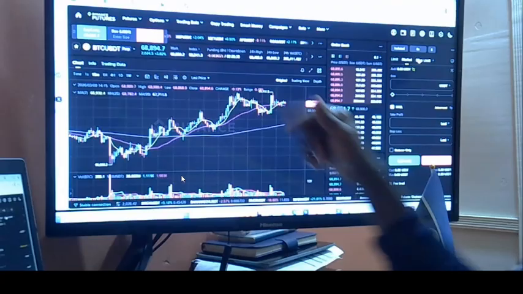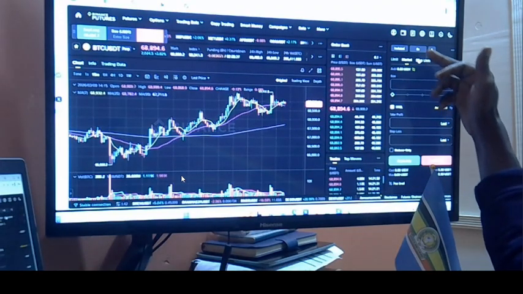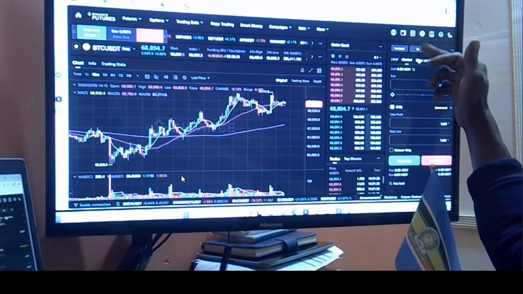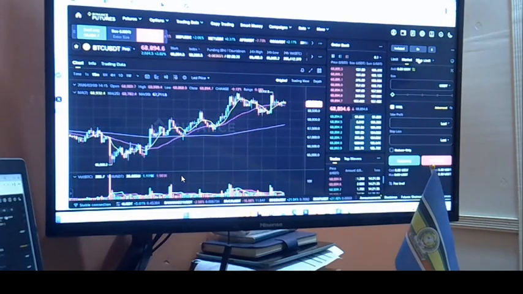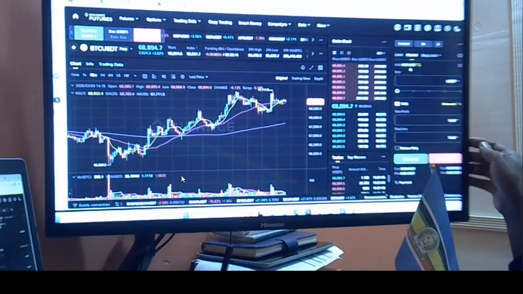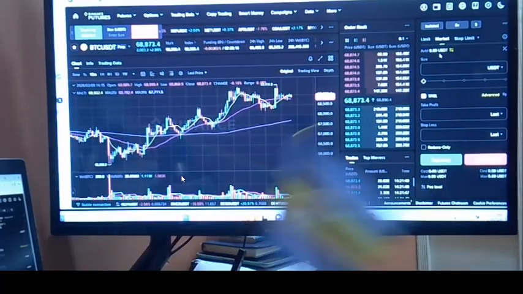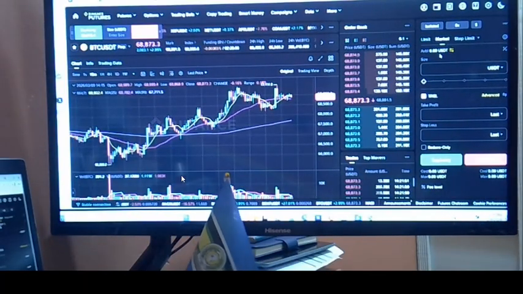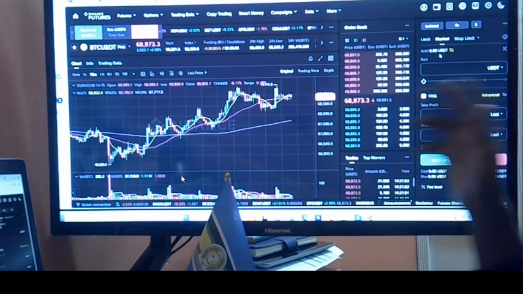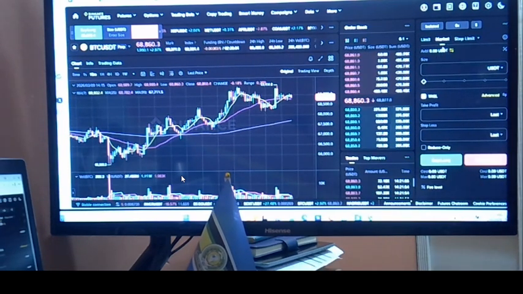So when you're taking leverage, you come and have this 8x. Say for example, you have some amount of money, like 100 USD. You may be having, right now it is 0.